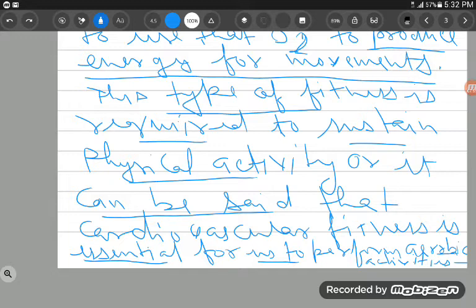Those activities we perform in the presence of oxygen are known as aerobic activities.